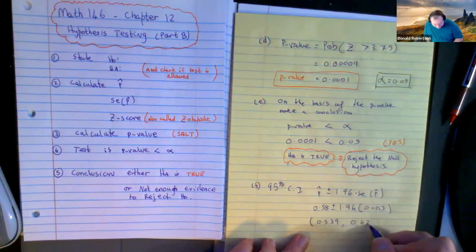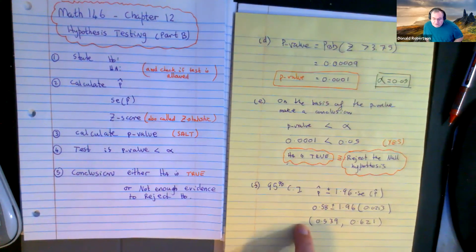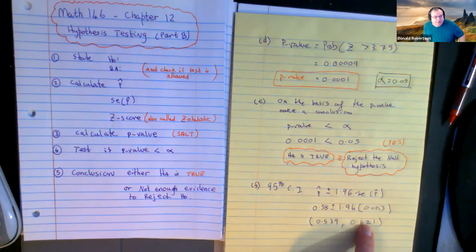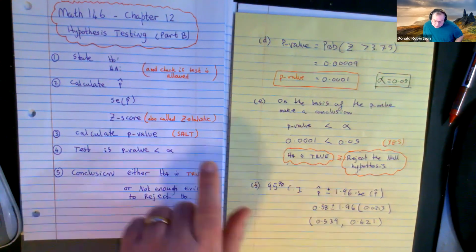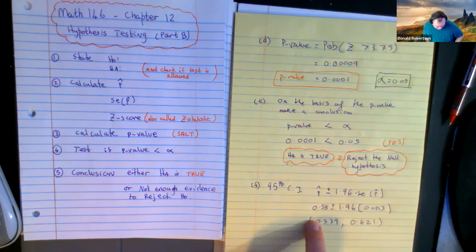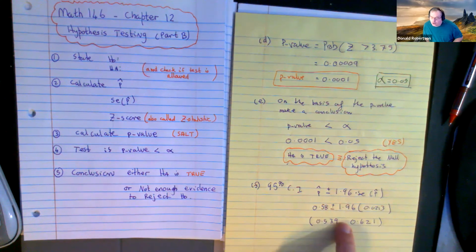Now, if you look at that confidence interval, isn't that also telling you that the proportion of people who want female priests is somewhere between about 54 and 62%, but aren't they all bigger than 50%?